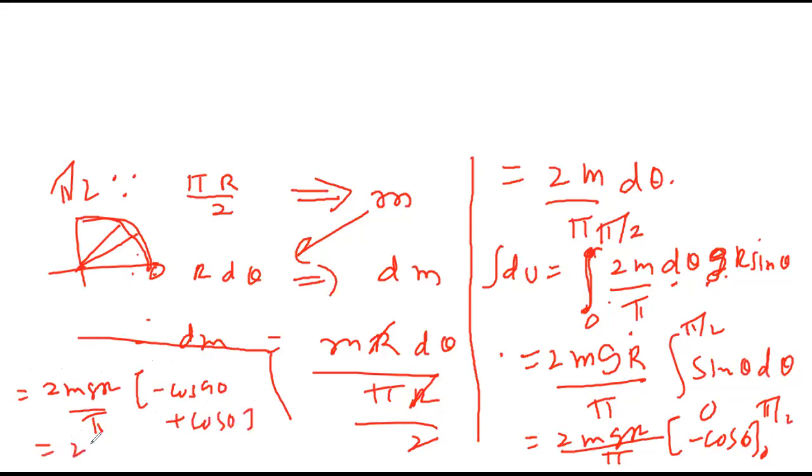Cos 0 is 1, so 2m g r upon pi, this thing will become 1. This is the answer for the potential energy of that chain which is distributed on a quarter of the circle, or in a quadrant. So this we got in general; only the limit of integration will change for different angles, 0 to 180.